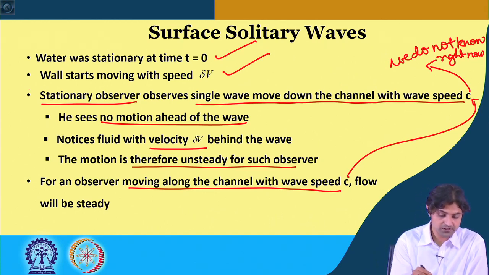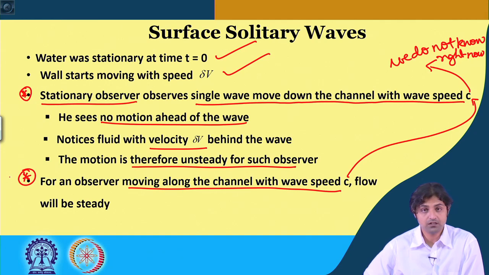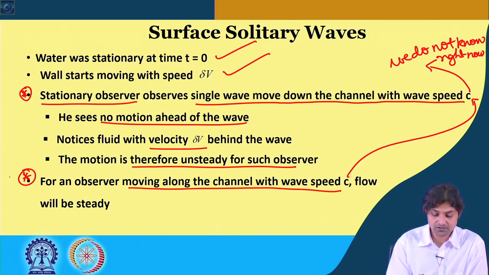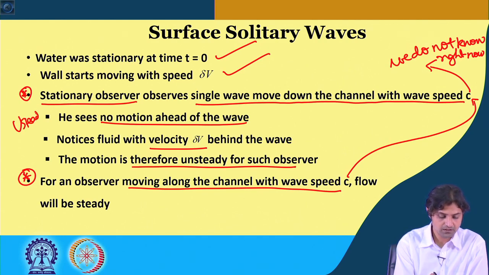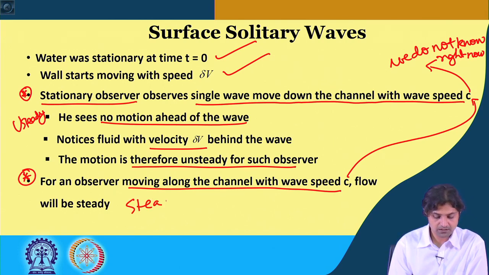There are two different ways of observing. One is observing as a stationary observer, one is moving with the wave and then observing the flow. In the first case this is going to be unsteady flow, u for un, and this is steady.